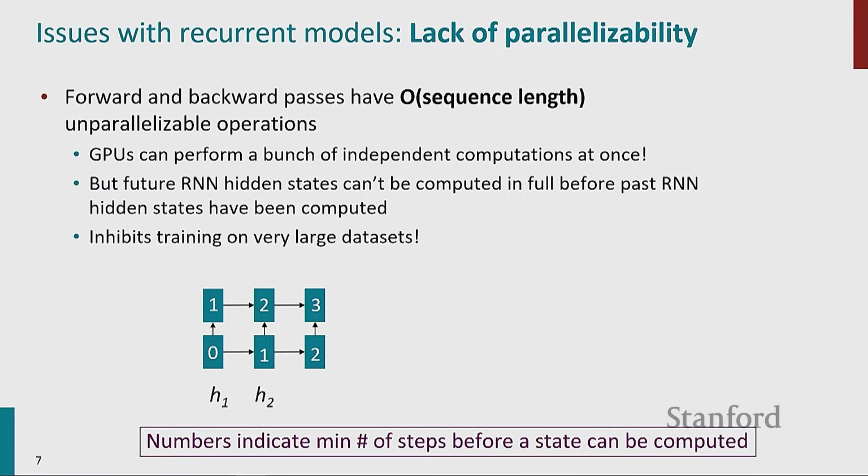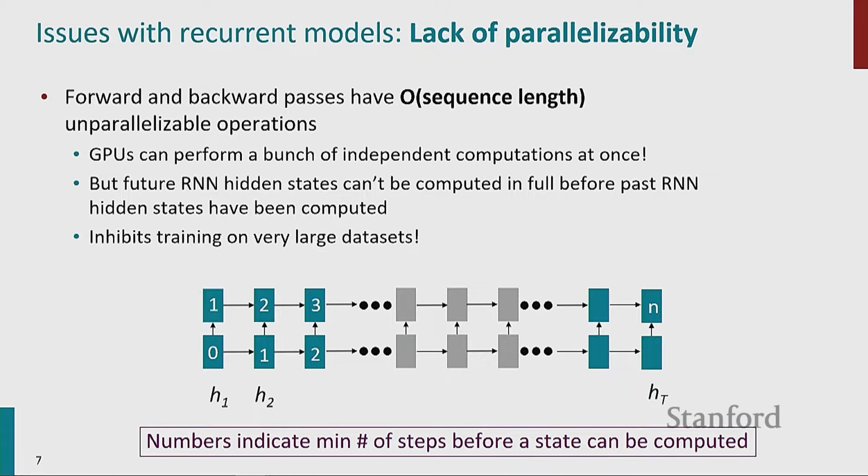So there's sort of 3 unparallelizable operations that I'm glomming all the matrix multiplies and stuff into a single one. So 1, 2, 3, and of course this grows with the sequence length as well. So down over here, as the sequence length grows, I can't just have a big GPU do the matrix multiply to compute this state, because I need to compute all the previous states beforehand.